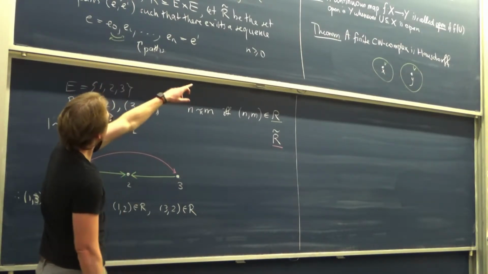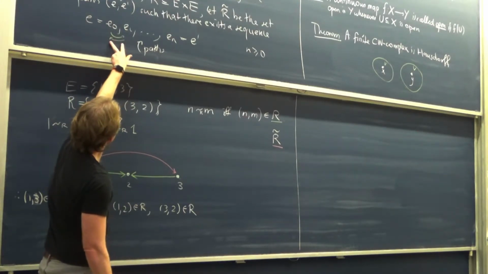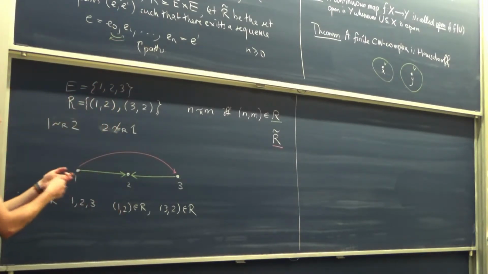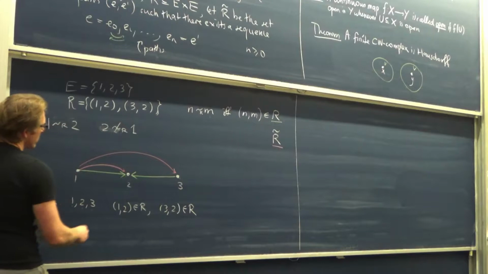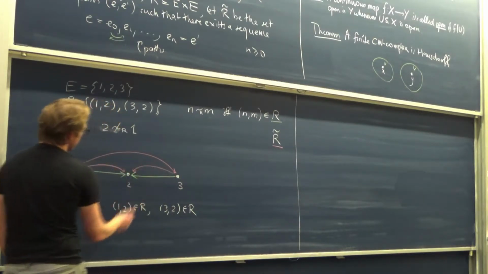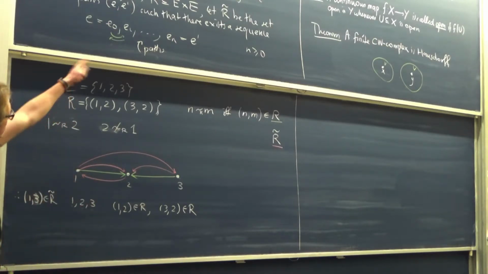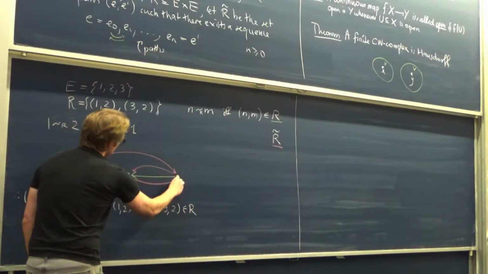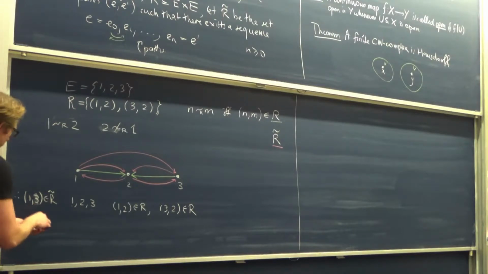So the n equals 1 case would be just a pair of elements of E, such that either that pair is in R or its reversal is in R. So the n equals 1 case is directly throwing in everything in R and all the reversals of everything in R. Okay, so I know that 1, 2 is in R, and 3, 2 is in R, and the reversal of everything in R is also in R. That's the n equals 1 case with the second part of the definition. Okay, so what about 3, 1?